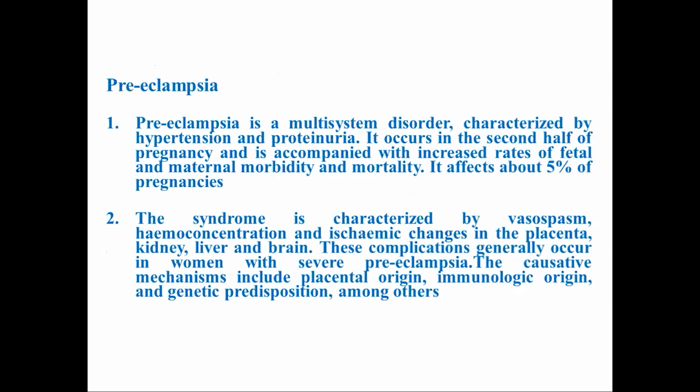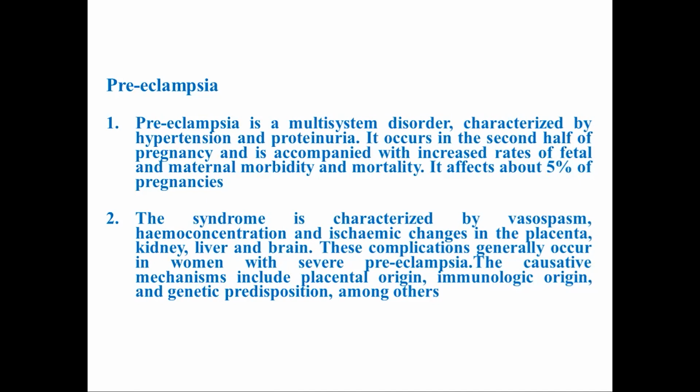So preeclampsia, being one of the hypertensive disorders during pregnancy, is a multi-system disorder characterized by hypertension and proteinuria. It occurs in the second half of pregnancy and is accompanied with increased rates of fetal and maternal morbidity and mortality. It affects about 5% of pregnancies, and this percent may increase in developing countries. And sometimes it may reach 10%.